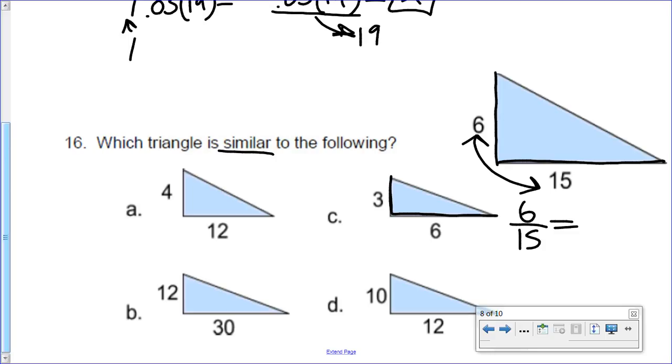So let's see here. How can we do this? Well, we can just try them out. We can see which ones are proportional. So is it going to be 4 over 12? That's your short side, and that's your long side.